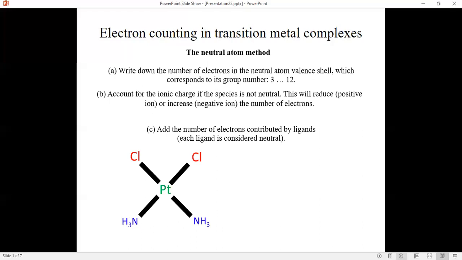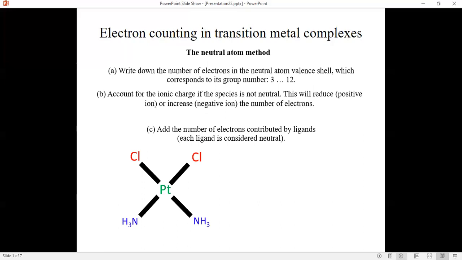So where is the platinum located, in which group? No, not 8. It's actually 10. So it's a group 10 metal. So it has 10 valence electrons. It has 8 d electrons and 2 s electrons.